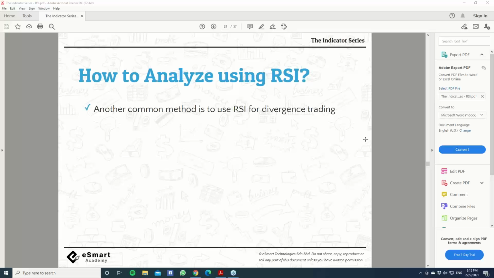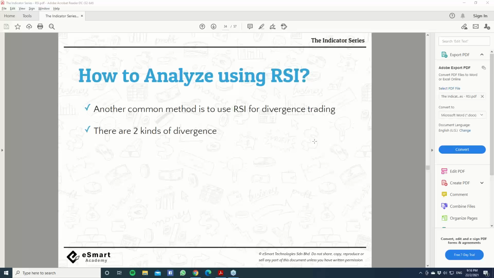Of course, some traders use different indicators to trade divergence as well, like the MACD, the stochastic. You can use those indicators to trade divergence, but for me, I'll just use the RSI. More or less, they are about the same.